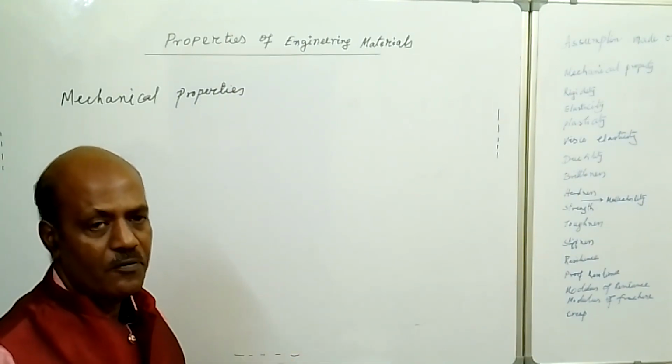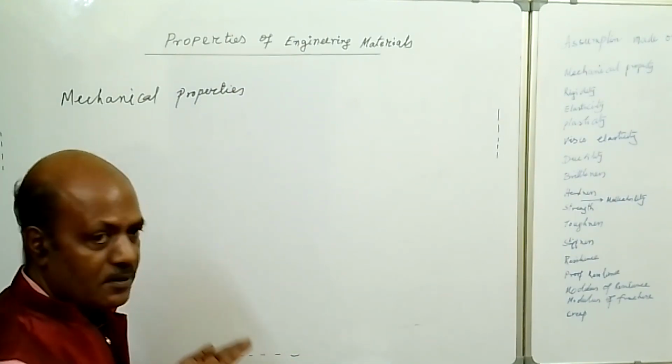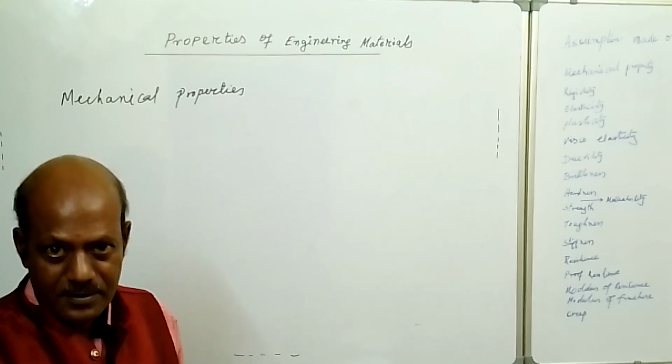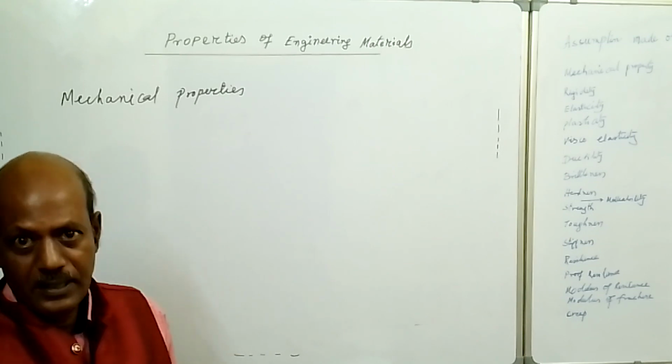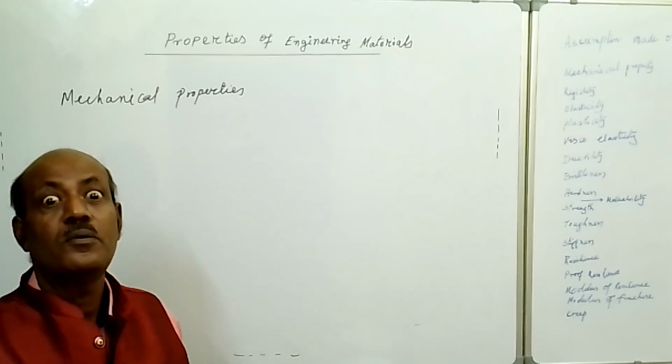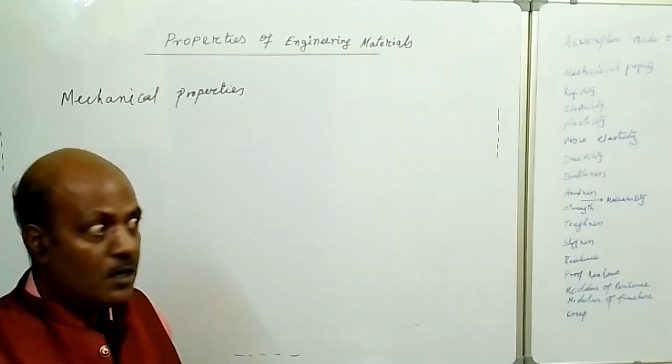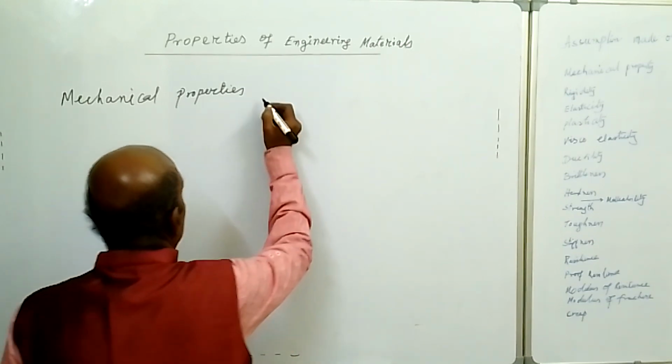What are mechanical properties? Because we are in mechanical engineering, we should know what we mean by mechanical properties. The properties which are related to the load bearing capabilities of a material are called mechanical properties.